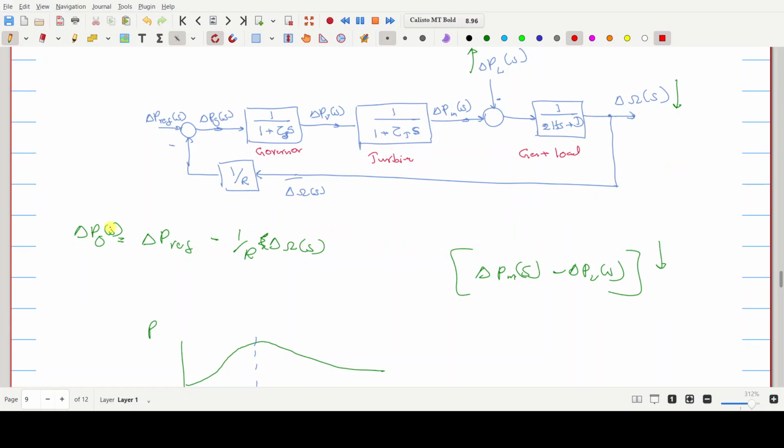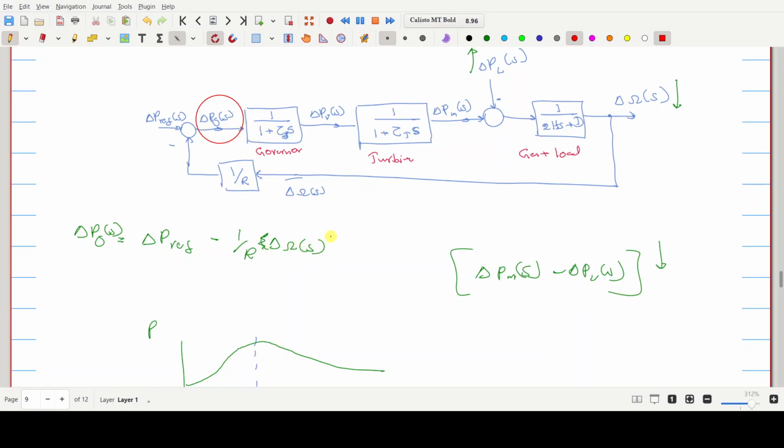So that will reflect in the power output to the governor, right? So that means the energy source that is going into the governor.